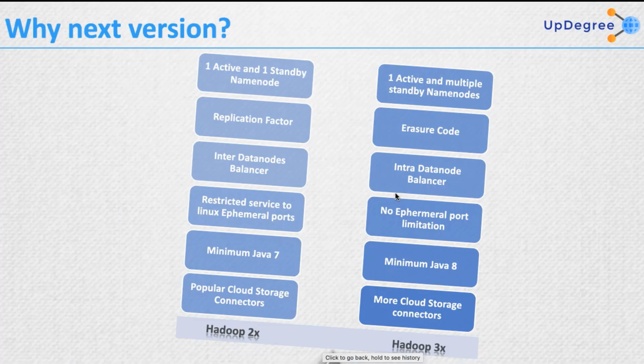Therefore, the minimum Java requirement was Java 7 with 2x, but now with 3x, we have a Java 8 requirement. 2x was already supporting S3 and Azure blob storage on the cloud service providers, but with 3x we have ADLS support. Although ADLS support was still there in 2x, it was not very compatible. With 3x we have very good support for ADLS. Even for Alibaba Cloud, support has been added with 3x.